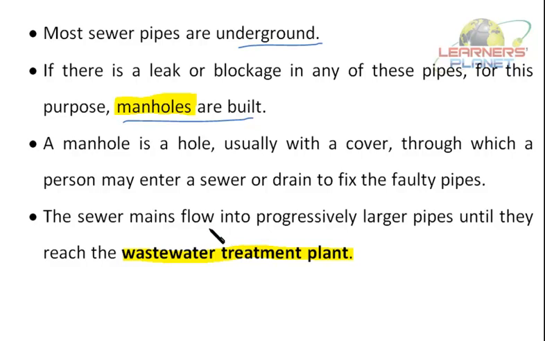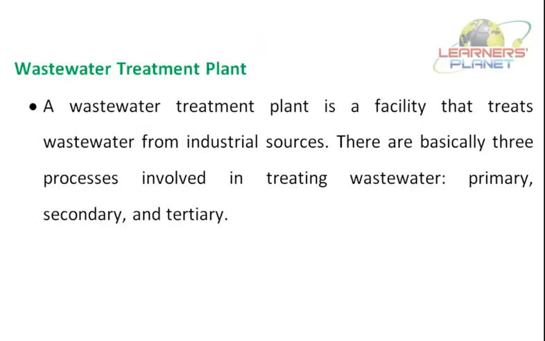Now let's move on to another important topic, the wastewater treatment plant. Students, a wastewater treatment plant is a facility that treats wastewater from industrial sources, and there are basically three processes involved in treating wastewater: primary, secondary and tertiary.